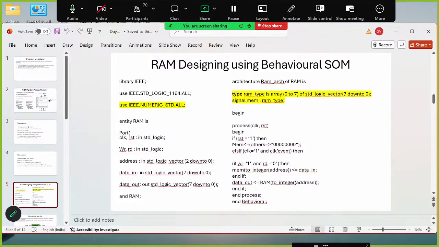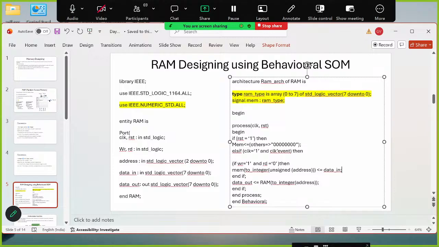Or you can also write unsigned because it will work on unsigned data itself, like this, unsigned data in. So whatever address you pass onto these address lines, it will convert that address into its equivalent integer value, refer to that location, and store the data.